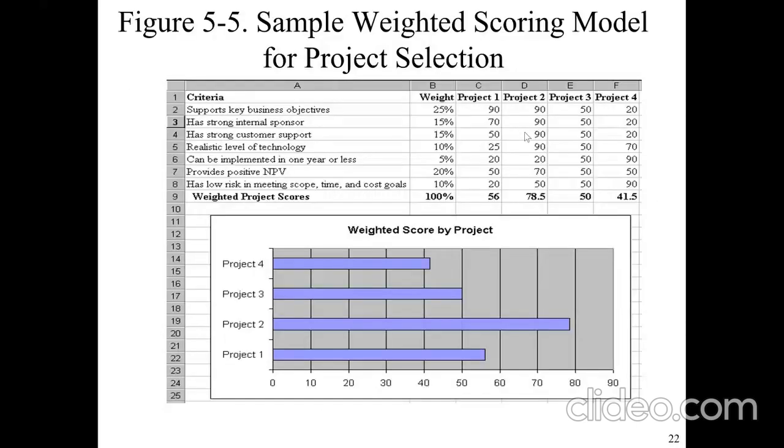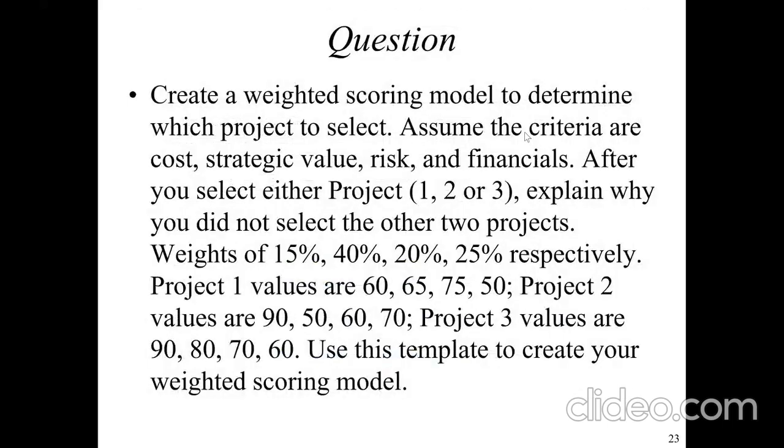And so do this at home, and make sure you do it honestly and genuinely to get the answer. Create a weighted scoring model to determine which project to select. Assume the criteria are cost, strategic value, risk, and financials.